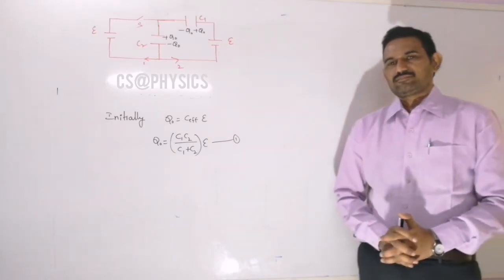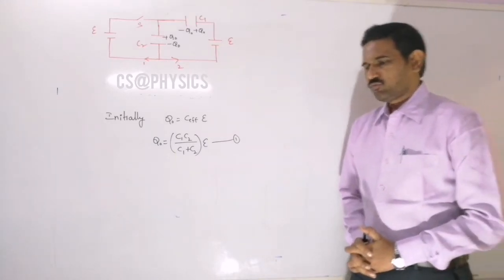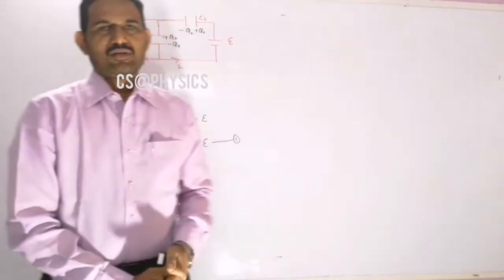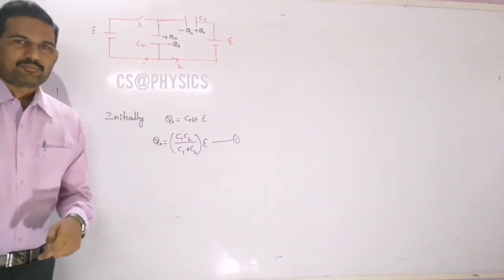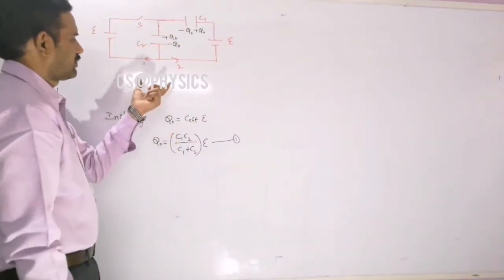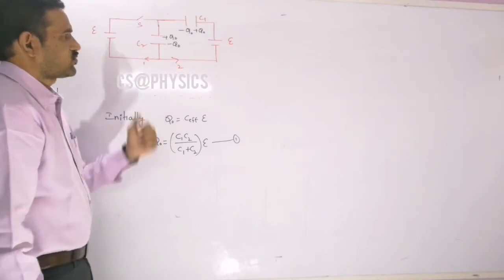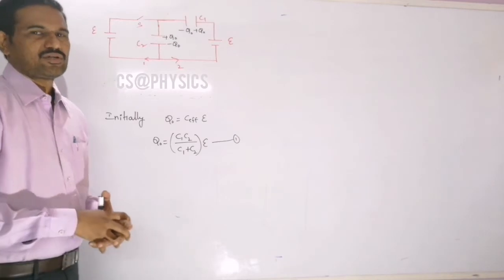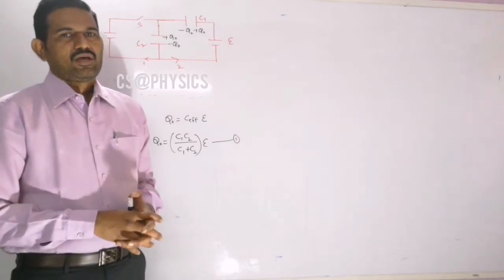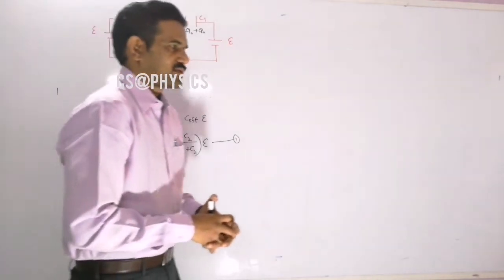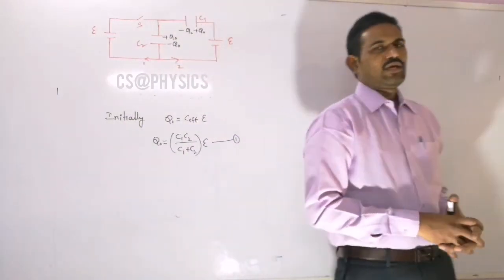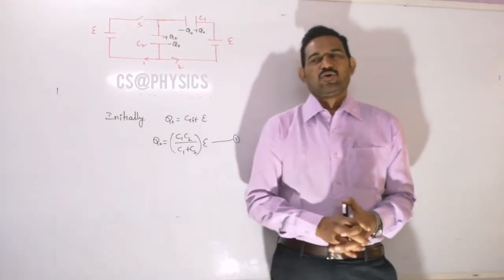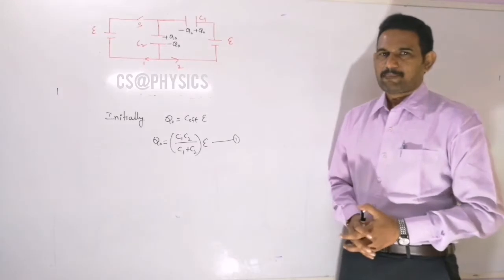Find the charge flowing along the paths 1 and 2, as shown in the circuit, once the switch is closed.